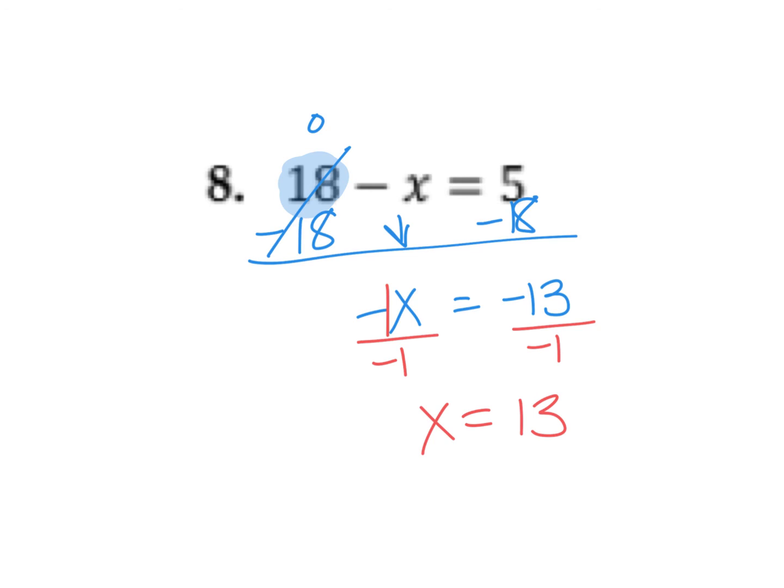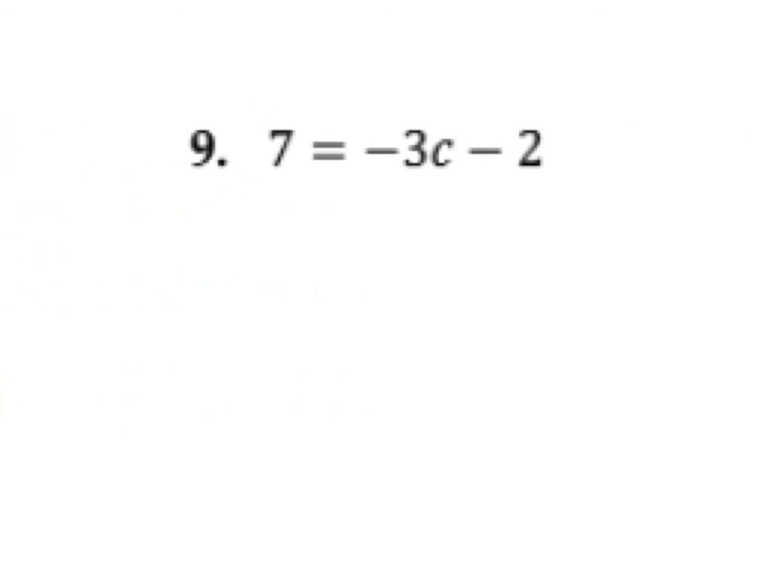All right, moving on to number 9. We've got 7 equals negative 3c minus 2. So again, start with your plain number that's on the same side as the variable. There's a minus 2 there, so I'm going to do the opposite and add 2 to both sides. And I'm doing that because the negative 2 is on the same side as the c that I'm trying to solve for, so I have to move that over.